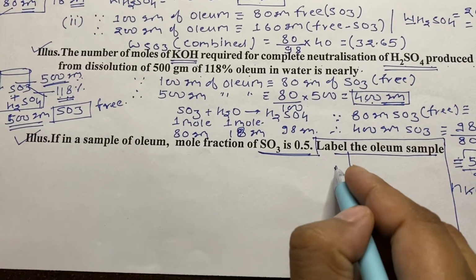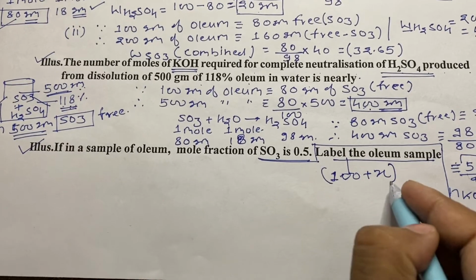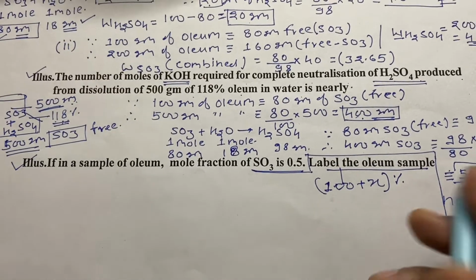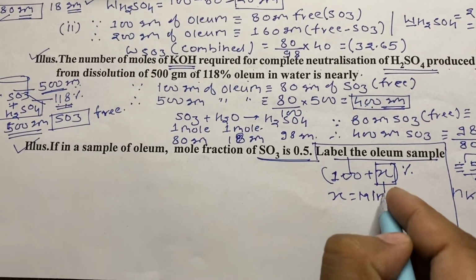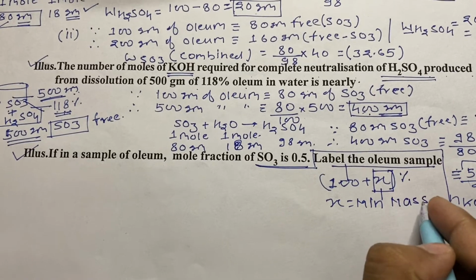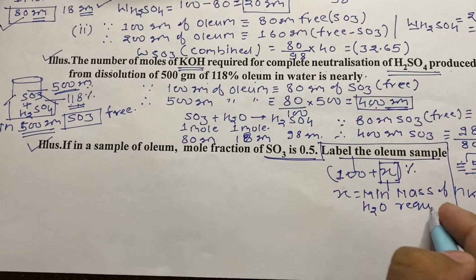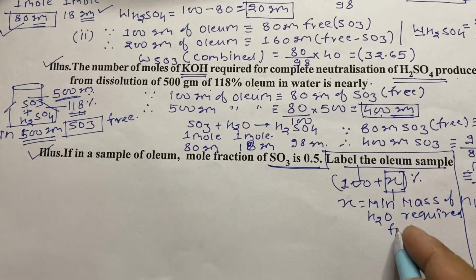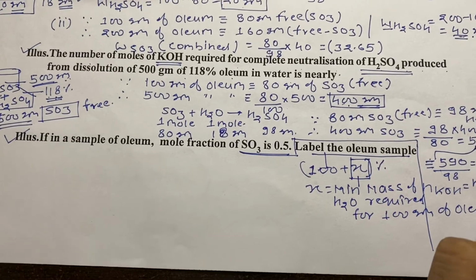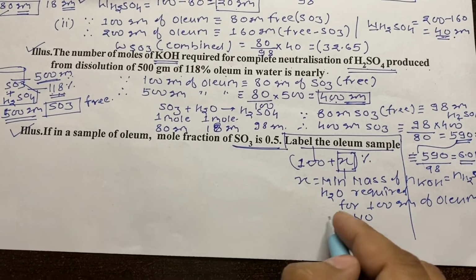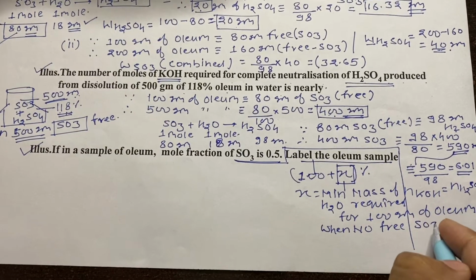So labeling of oleum sample is given as 100 plus X. And recall what was X. X is the minimum mass of water required for 100 gram of oleum when no free SO3 is left.